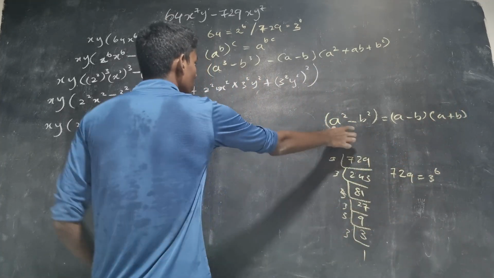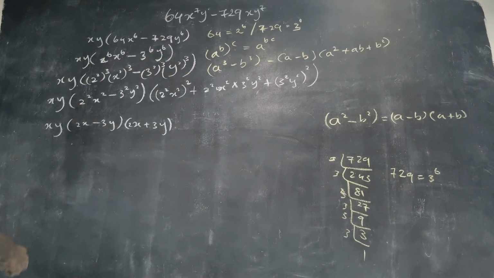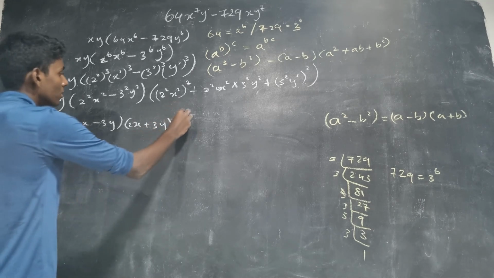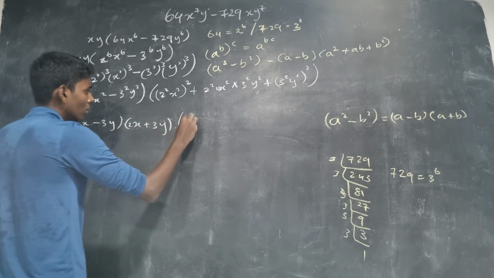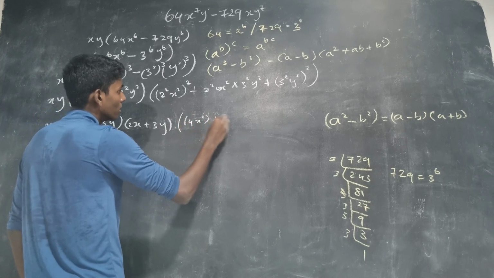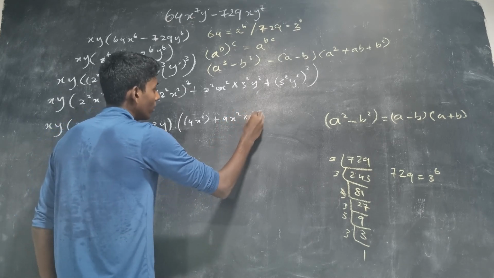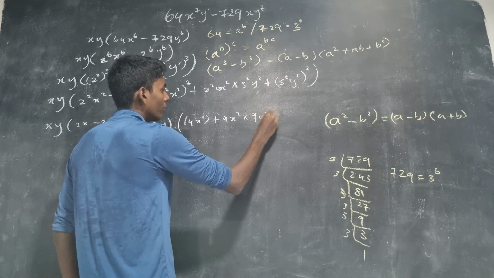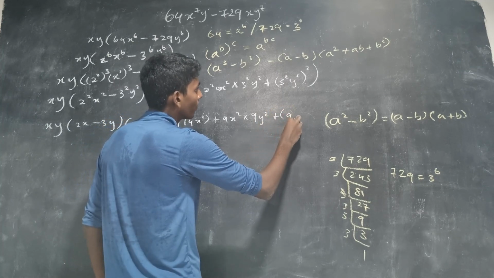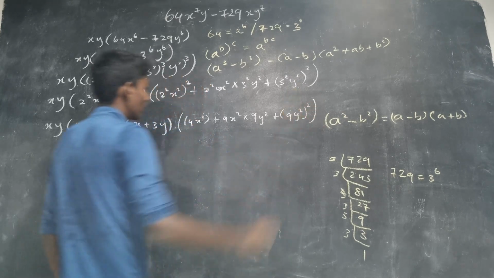You can see this is equal to this, so we can write like this. So we can see that we can solve this: 4 x to the power of 2 plus 4 x to the power of 2 multiplied by 9 y to the power of 2 plus 9 y to the power of 2 squared.